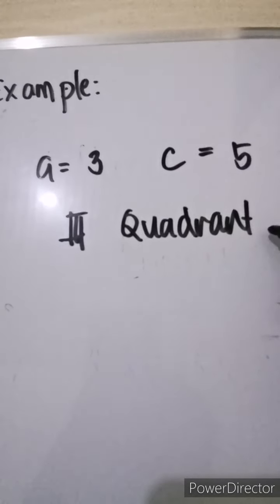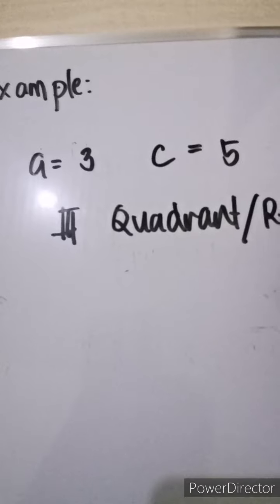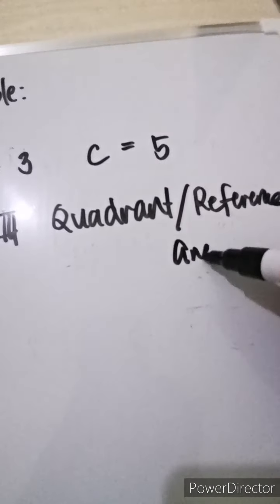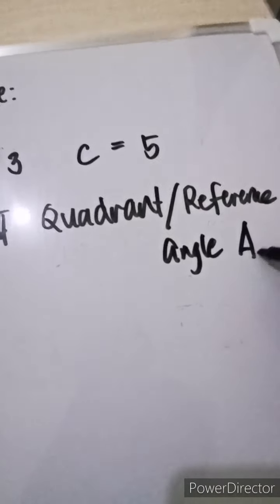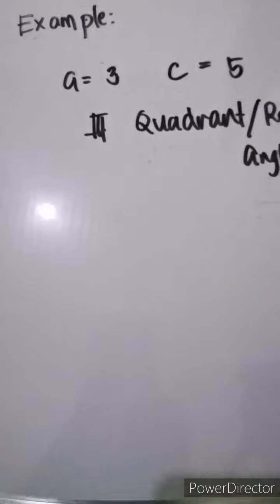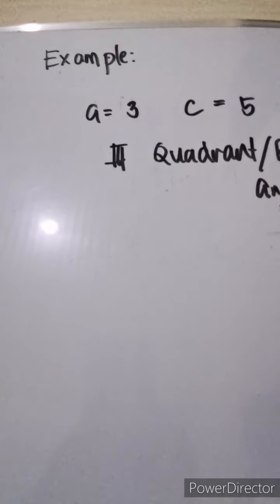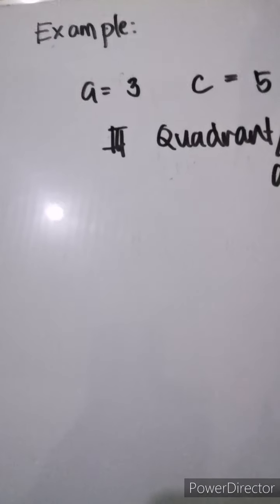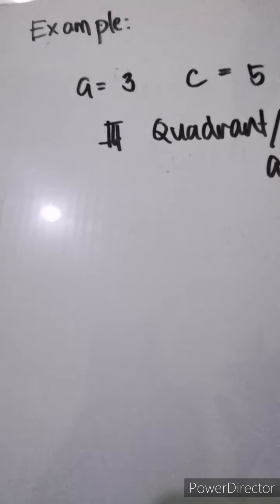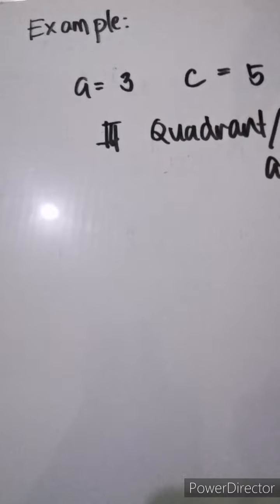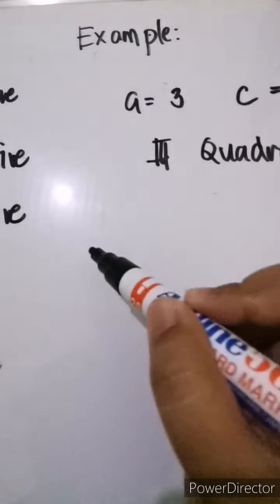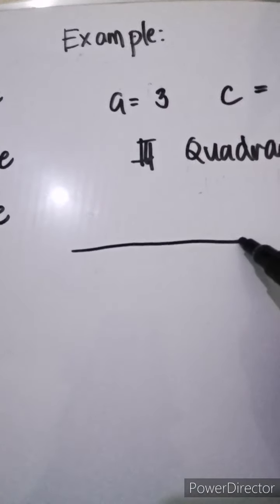And the reference angle is A. Okay. So, ang una natin gagawin, hanapin natin kung paano ba siya nakadrawing yung triangle. So, kanina ipinakita ko sa inyo kung nasaan yung mga right triangles in different quadrants. And sabi niya, nasa third quadrant. So, therefore, ito siya. Ganitong itsura niya.